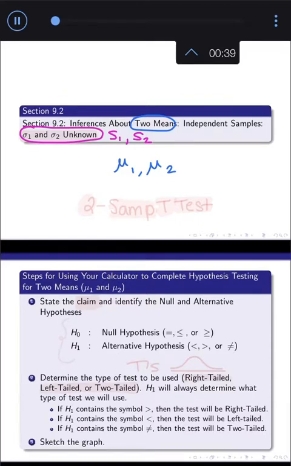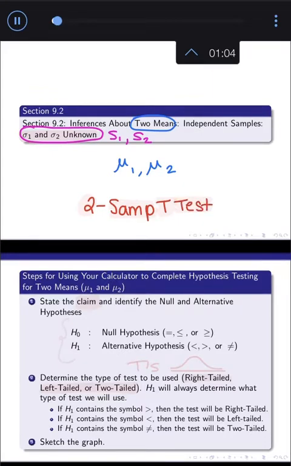But now we have two means and two standard deviations that we're going to be taking into account. So what we'll be doing instead is what's called a two-samp T. We're going to look at testing first, so let's look at the two-samp T test.